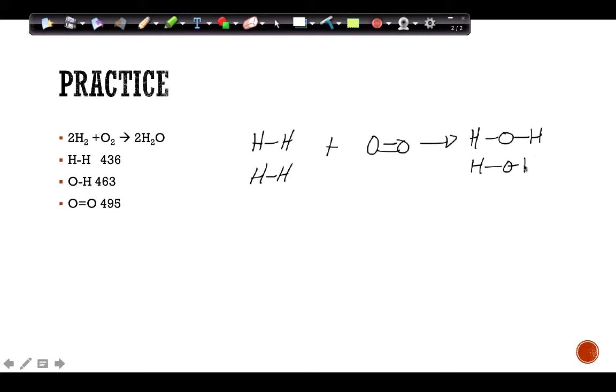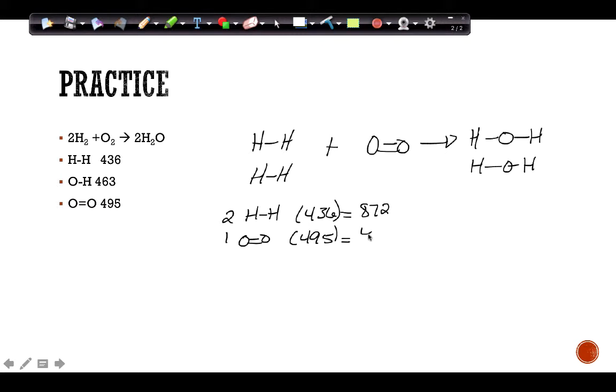All right, so now we're going to count our bonds. H2s. Okay, so I've got 2 of these, and my bond energy is equal to 436. So 2 times that would give me 872. All right, so O2, I just have 1 of those, and that would be 495.